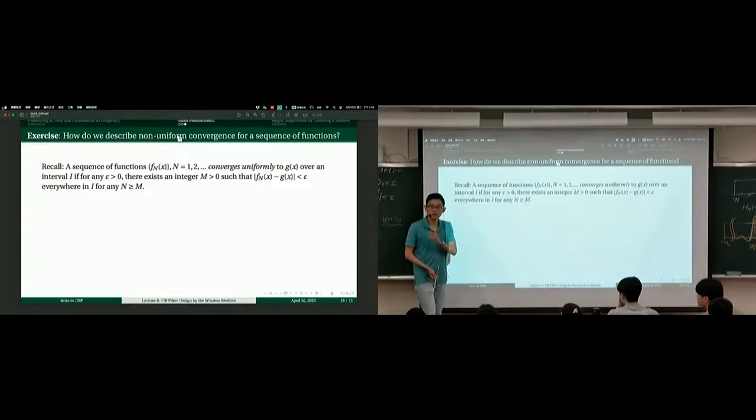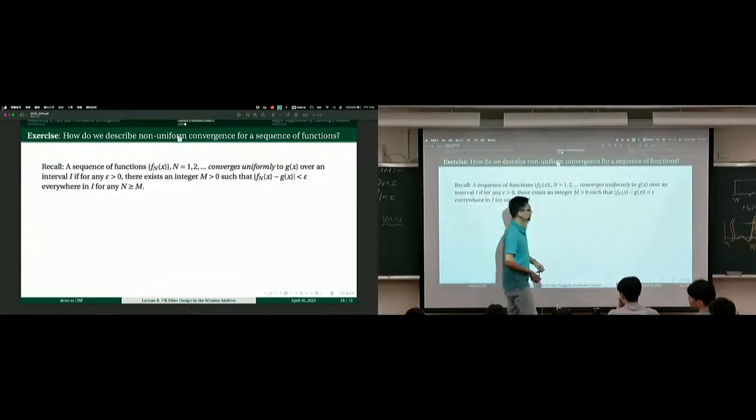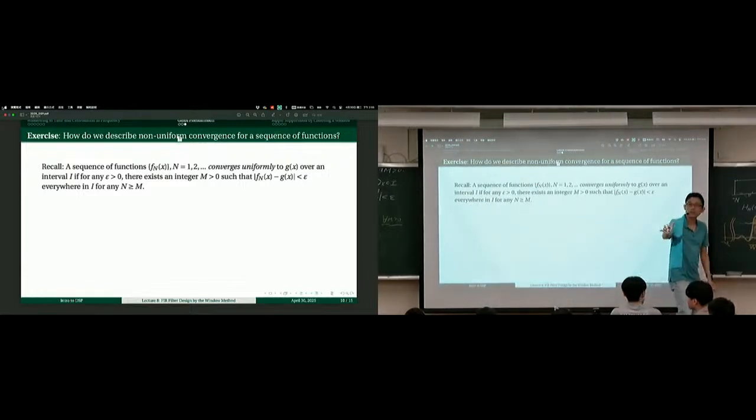Okay? So that's the definition of non-uniform convergence. That's a description of non-uniform convergence. So back in our context, thank you for your, yeah. Any comments right here?